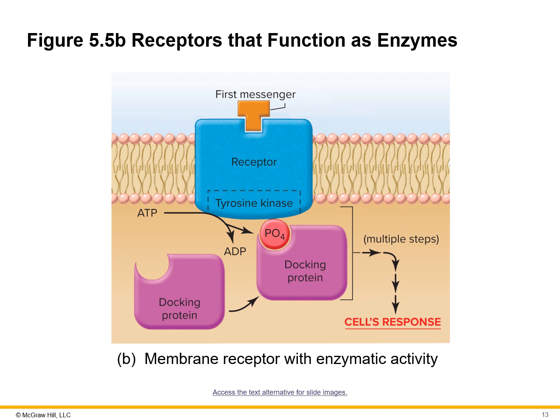You have that first messenger that sits in the receptor and changes its shape. That's what happened with the ion channel one as well. But with the ion channel one, you opened up the ion channel over here. This time, you're activating an enzyme that is going to then cause a new protein complex to start the process.